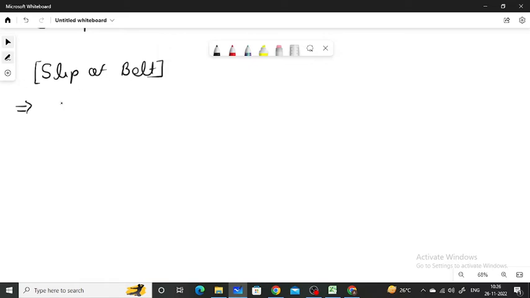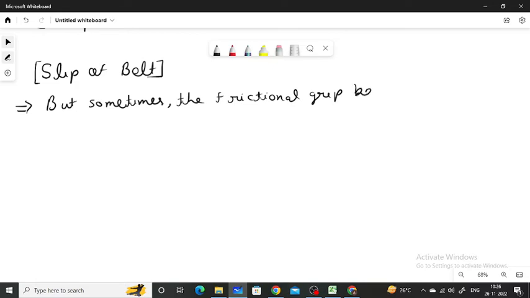by assuming that belt and shafts have a firm frictional grip between the belts and the shafts, but sometimes the frictional grip becomes insufficient.